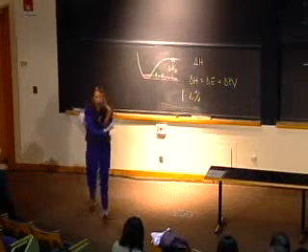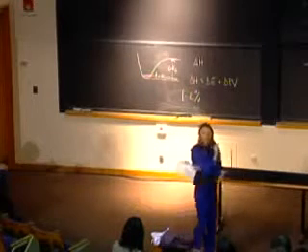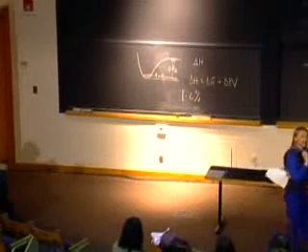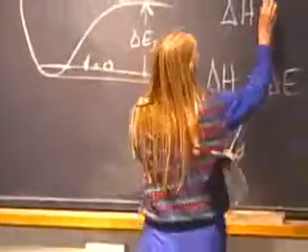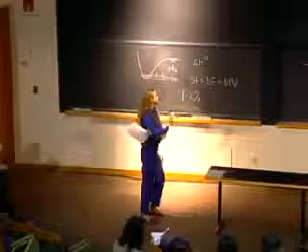And in thermodynamics, since we're almost always looking at changes in energy, we need what we call standard states. We're going to put a naught on all of our delta H's to designate the standard state.